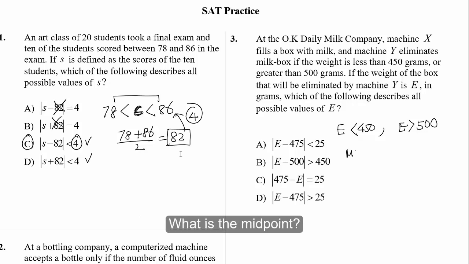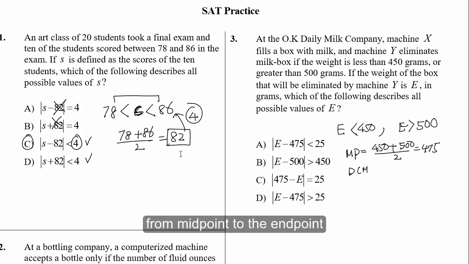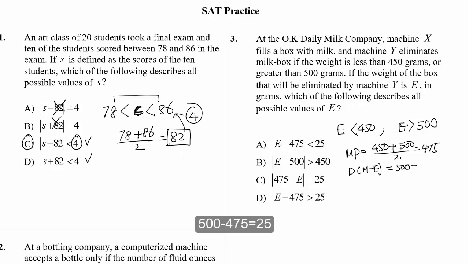So what is the midpoint? 450 plus 500 divided by 2, 475 is the midpoint. What is the distance from the midpoint to the endpoint? 500 minus 475 is 25.